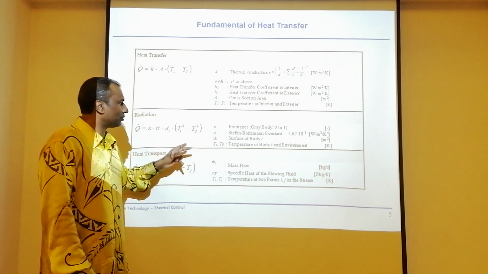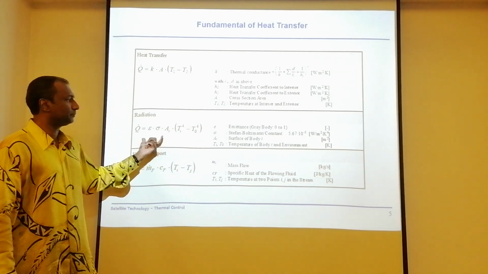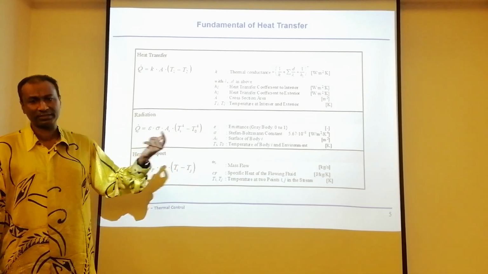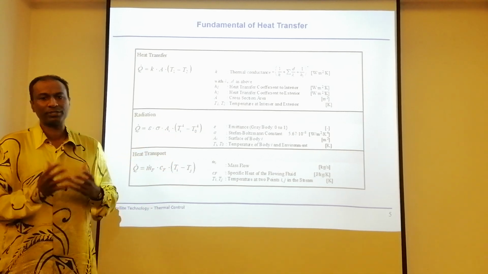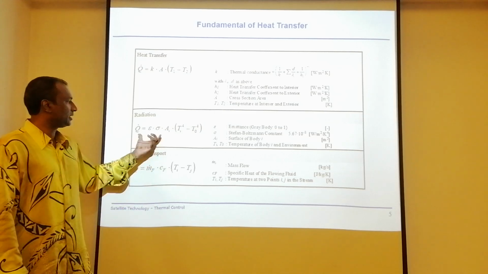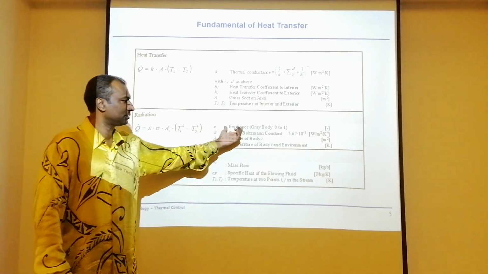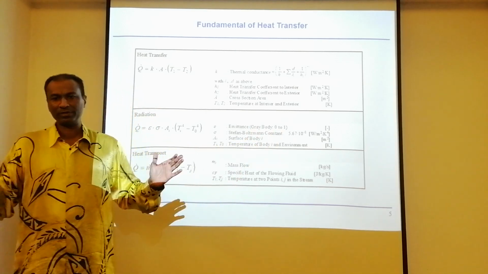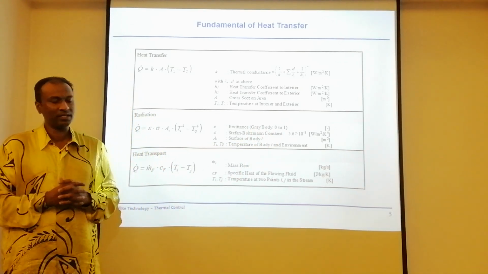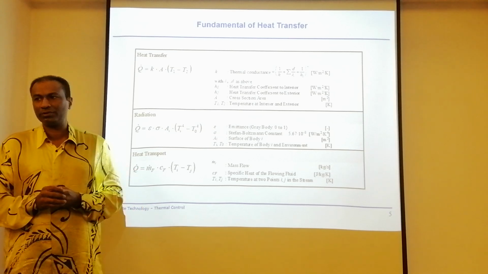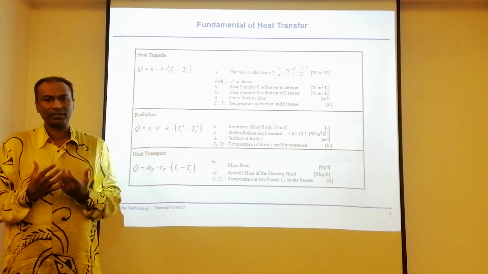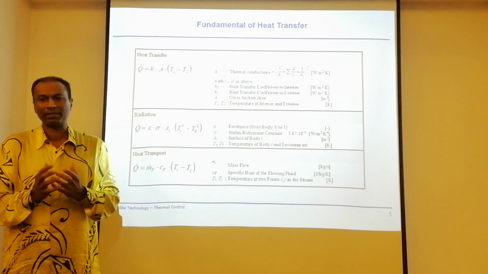And this is the most important one that I've mentioned to you. Radiation is based on Stefan-Boltzmann's law. Radiation depends on emittance, and for a gray body it is 0 to 1. That is emissivity. If it's 0, you are almost not emitting anything, so you are almost a heat-absorbing body, a black body.